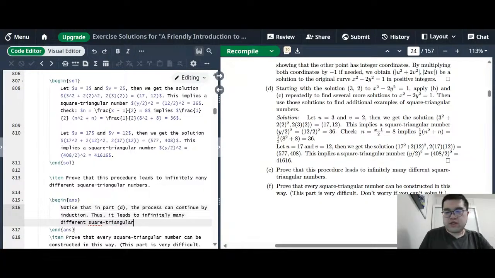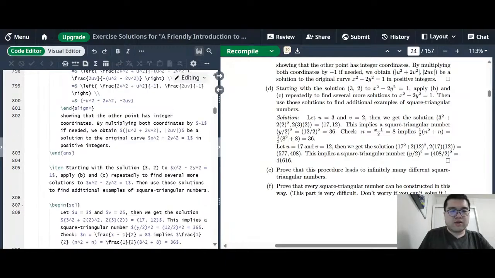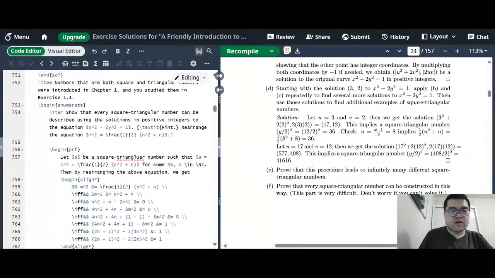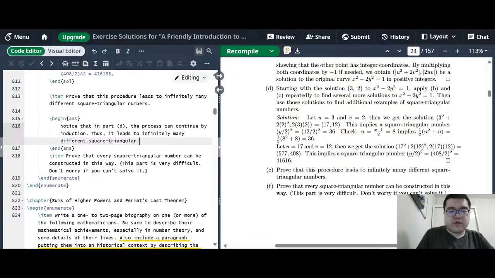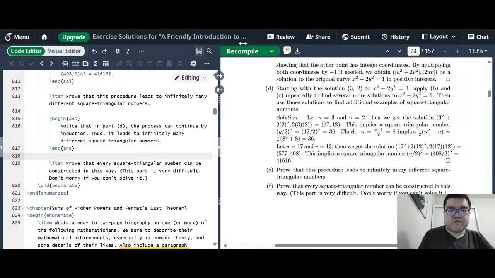I misspelled it again. Triangular. That's why I made a mistake here. Okay. Triangular numbers. Perfect.